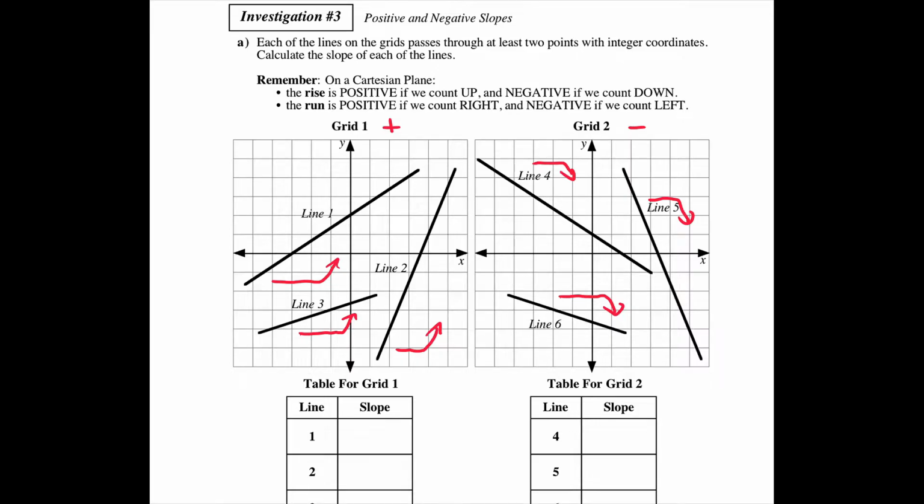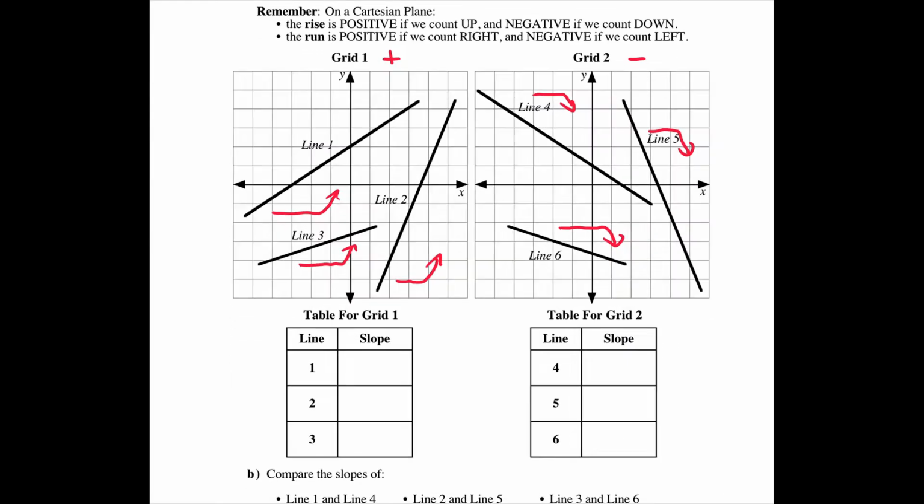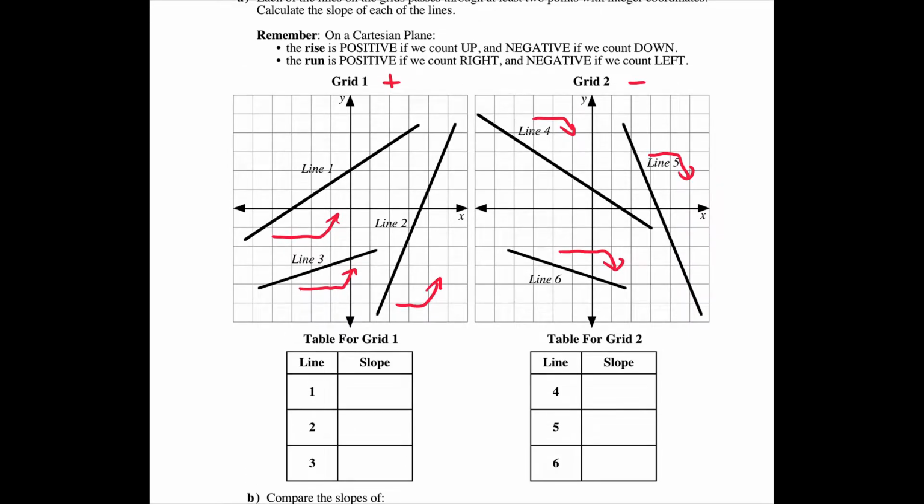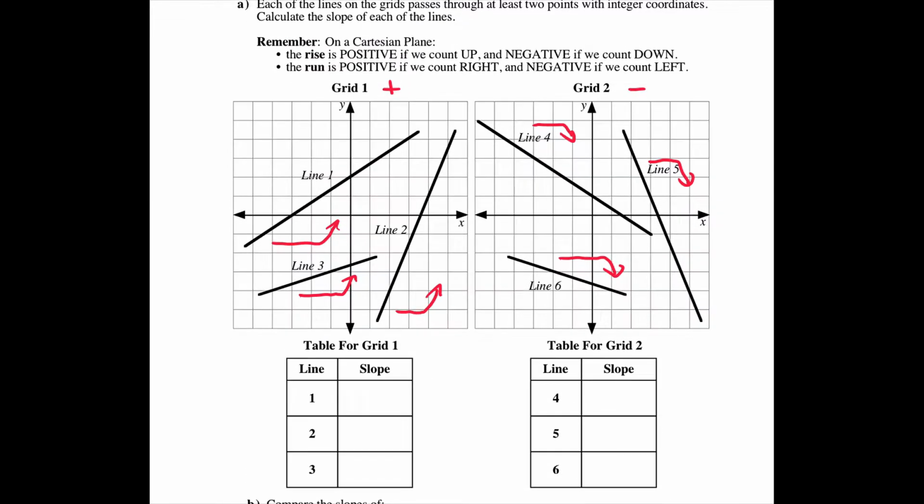So if we look at this grid below here, a table for grid number 1, it's saying let's find the slope of line number 1. So what you need to do is find 2 points that are crossing through lines at known values. So right there and right there.